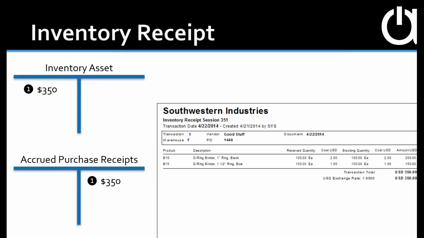Because if I put a closing date and then I get a vendor bill and it's different, it's going to try and adjust that accrued purchase receipts, that original transaction, the receipt. It's going to try and adjust that, and Acctivate's going to go, no, you can't. So it will allow you to do a prior period adjustment in the current period, but you're not reflecting your true cost going back. So there's a timing piece of it.